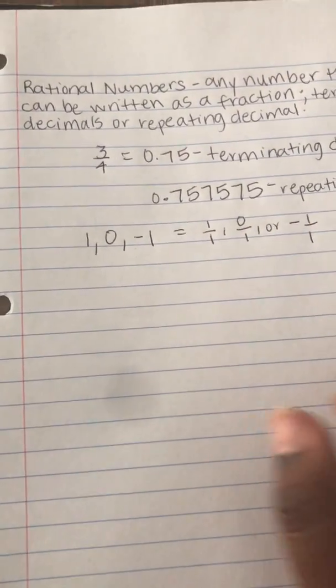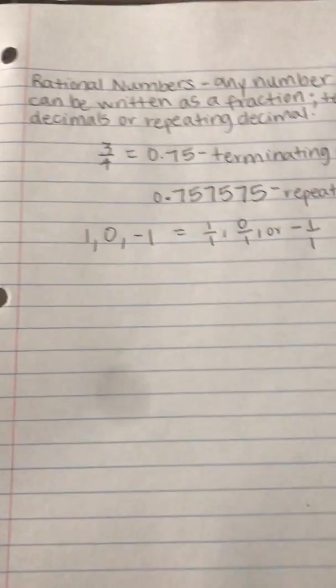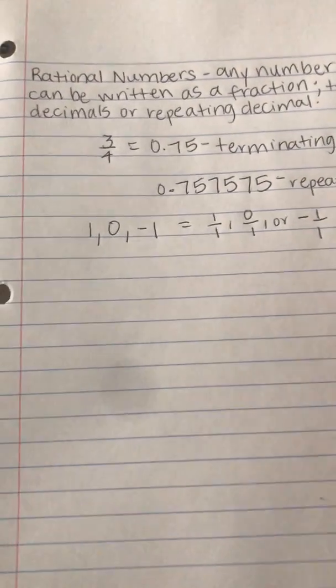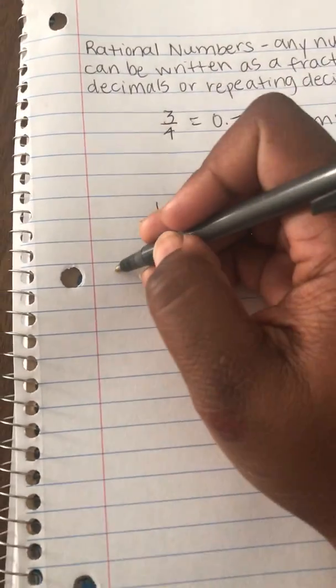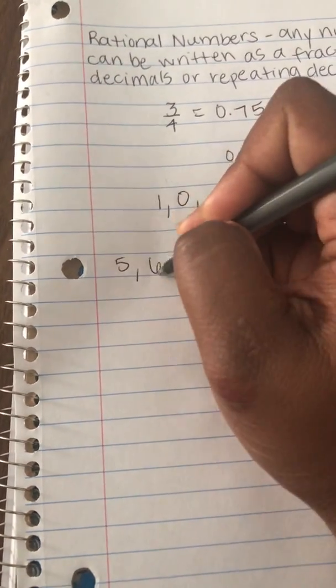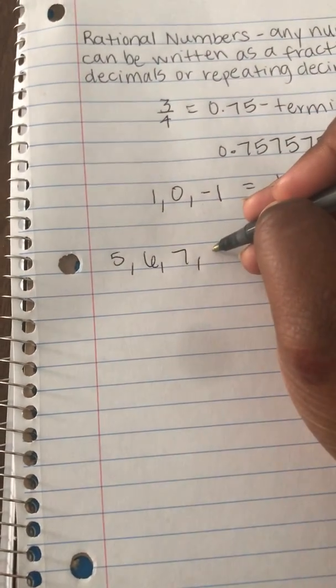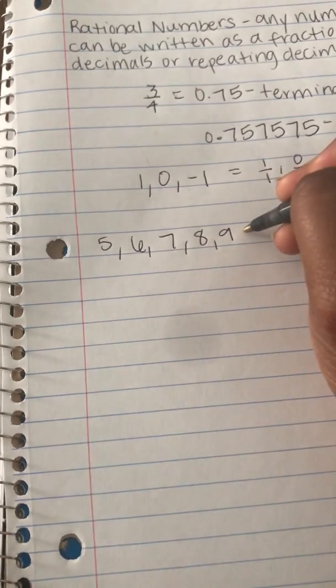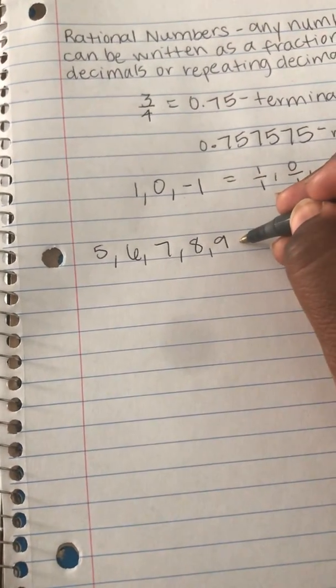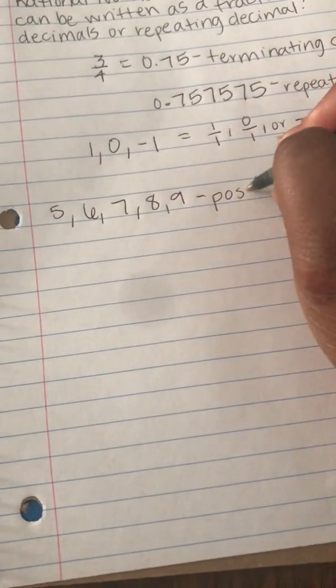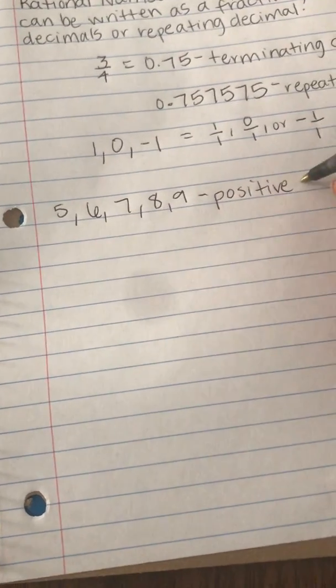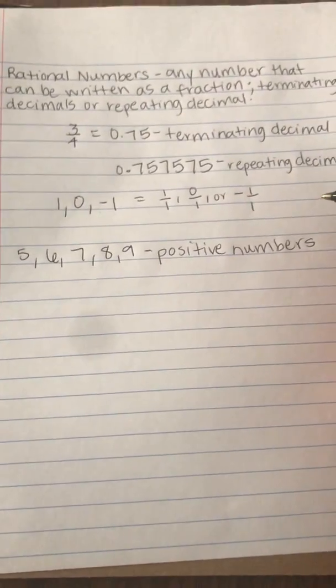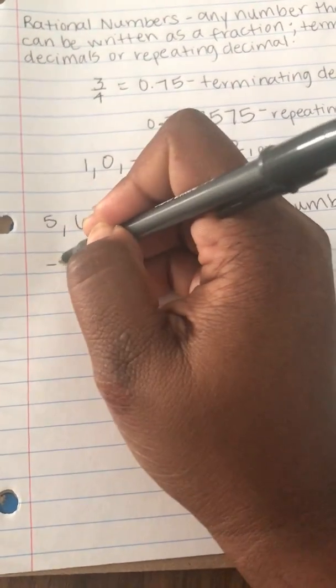Another thing we're doing this week are adding and subtracting positive and negative numbers. So we know our positive numbers are numbers that don't have a negative sign. Okay. These are positive numbers. Our negative numbers are the opposite.